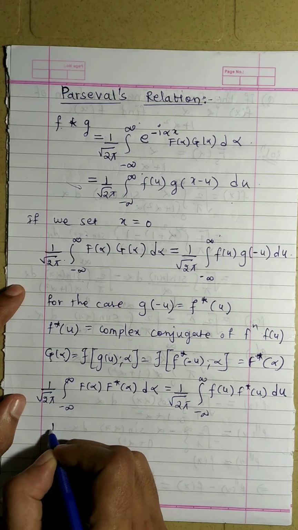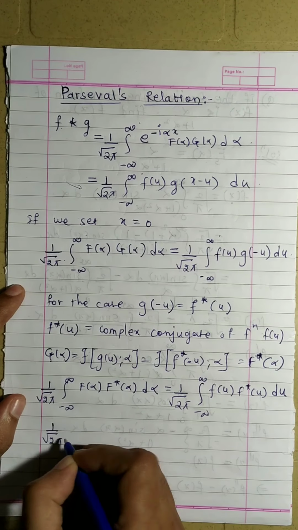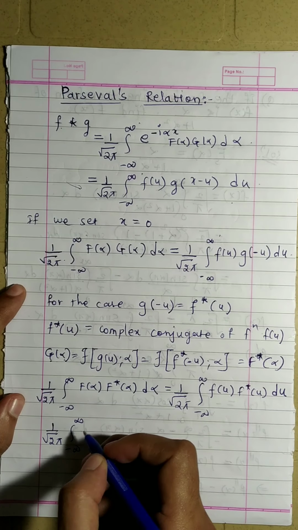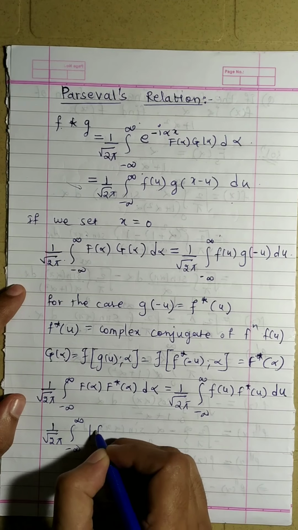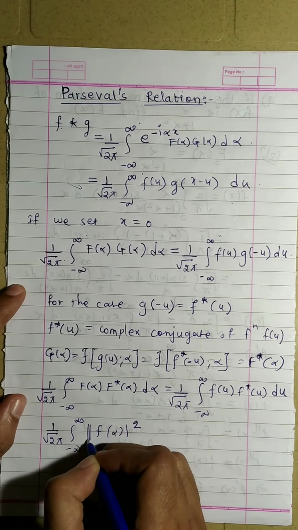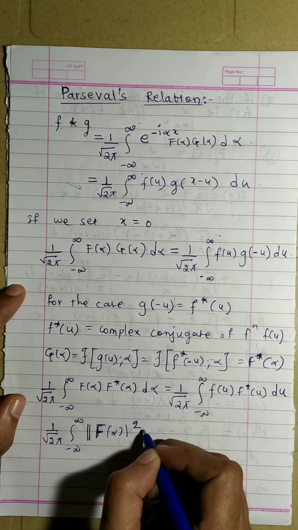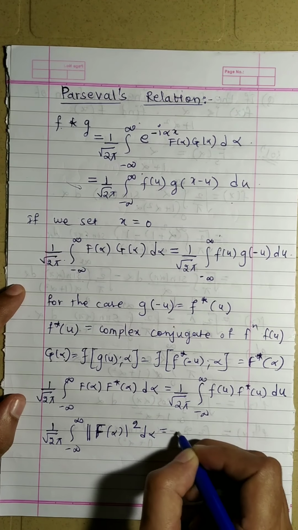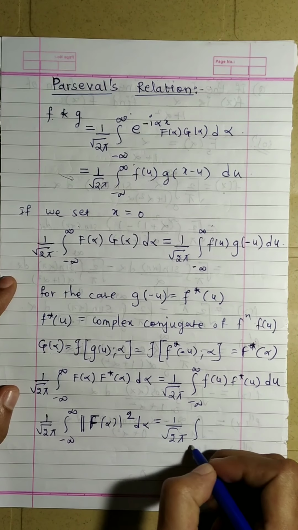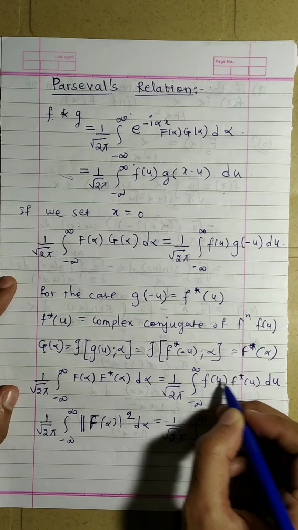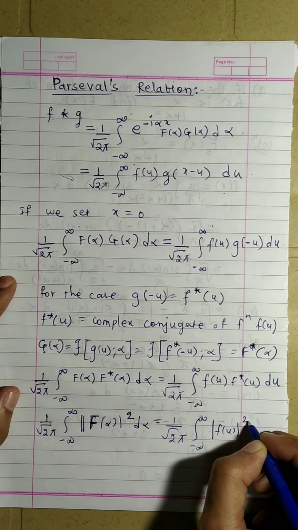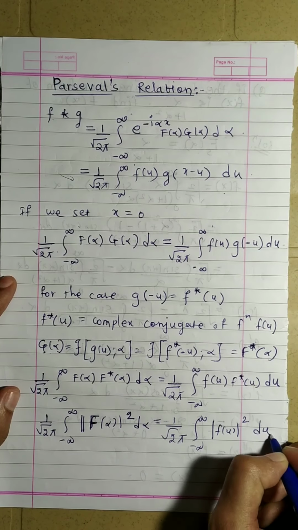So this will be nothing but 1 upon root of 2 pi integral from minus infinity to infinity mod of f of alpha the whole square d alpha equal to 1 upon root of 2 pi integral from minus infinity to infinity mod of f of u the whole square du.